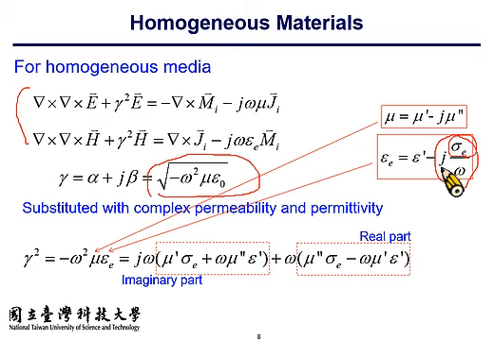So it generates real conduction current, and it provides power attenuation, power dissipation. On the other hand, epsilon prime, the real part of epsilon, stands for the displacement current, which means the rotation of the electrical dipole moment.